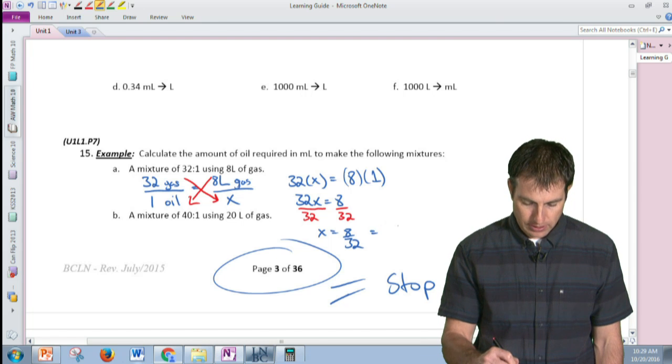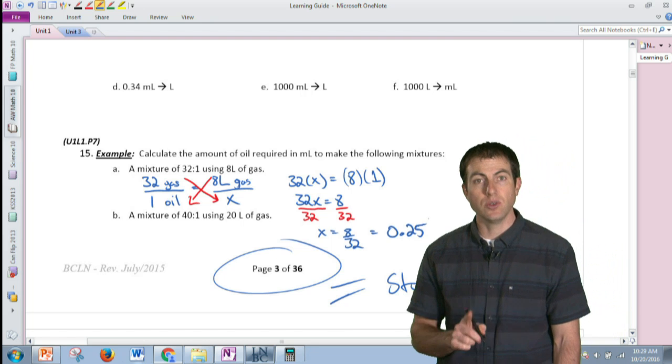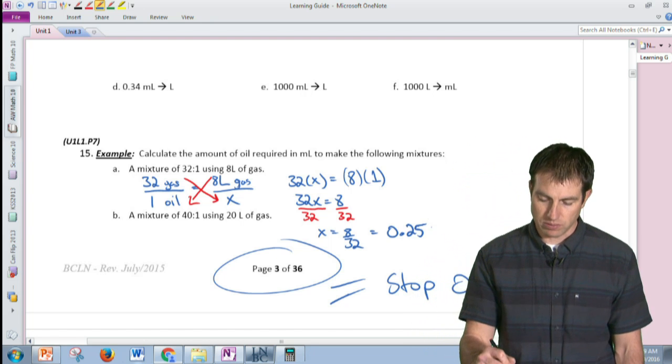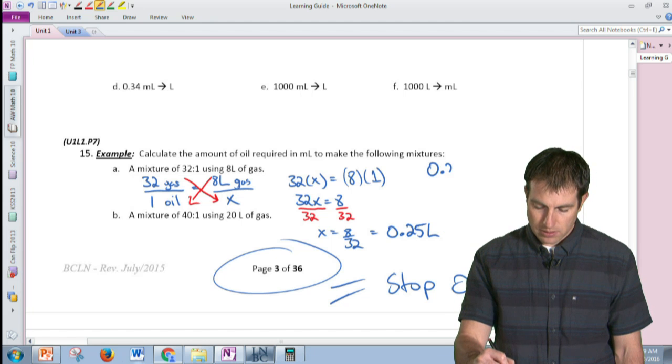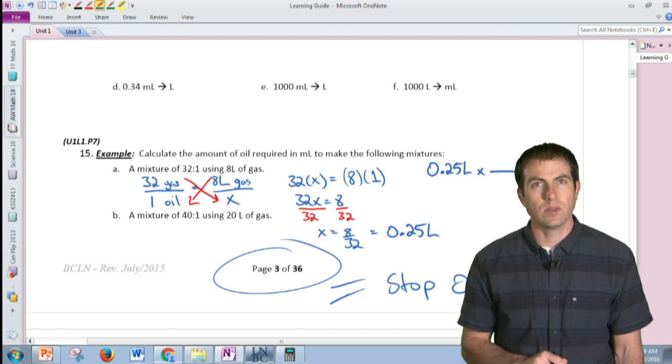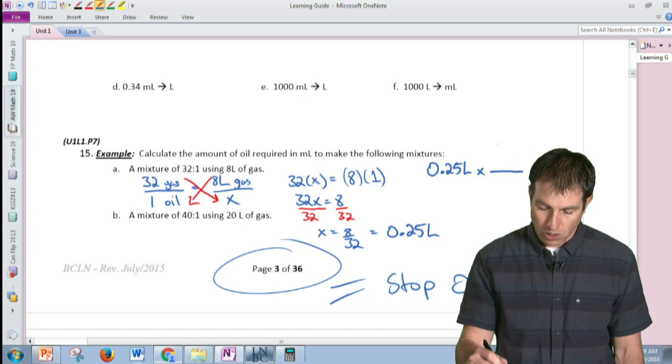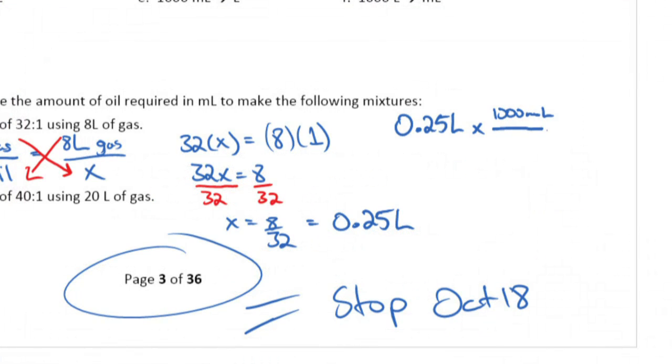So this is 0.25, and when I first started the question, I knew that everything was in liters. So this is 0.25 liters. If I want to convert liters to milliliters, I know that there are 1,000 milliliters in 1 liter.